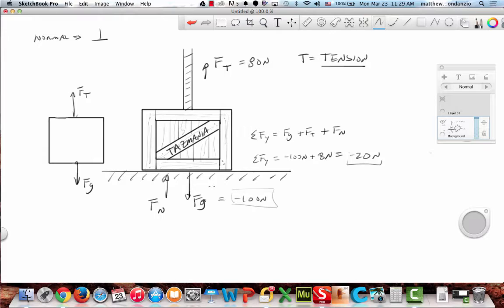So the force that the ground is pushing back up, perpendicular to the floor, on Yusuf is the normal force. That normal force changes depending on how much I'm pulling up on Yusuf. The table's going to support this, it's going to support me, right? That reaction force is going to change.